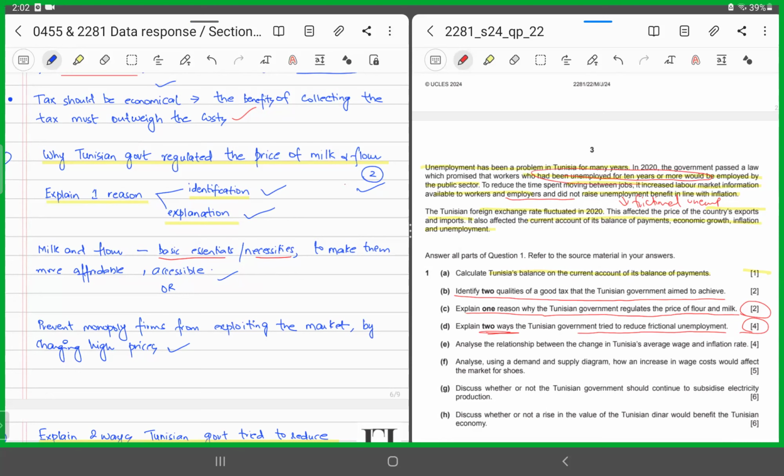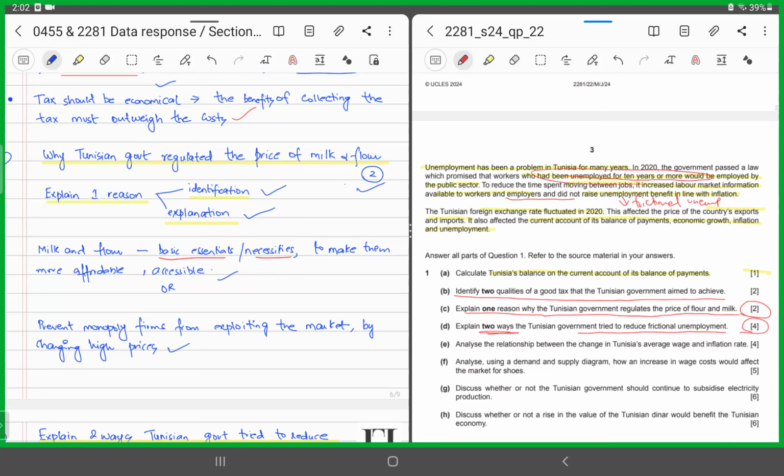And if this information is available to employers, they would know about those who are seeking jobs. So it would be a 2-way benefit, both for the workers and for the employers, right? Hope this is clear.